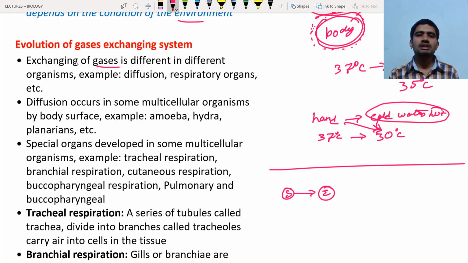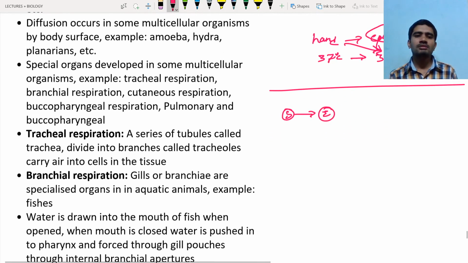Exchanging of gas is different in different organisms. It is done through diffusion, respiratory organs and so on. These all are exchanging processes. So what is evolution? We have studied in the previous academic years that we have come from LUCA, the last universal common ancestor.